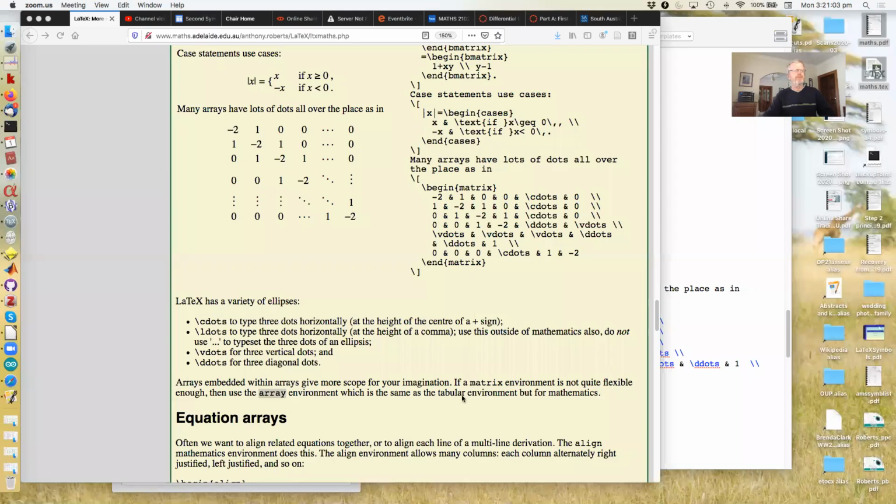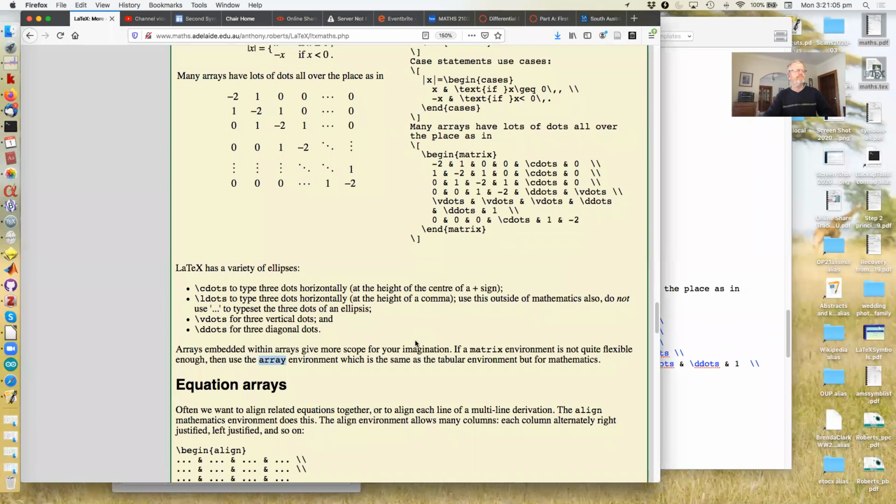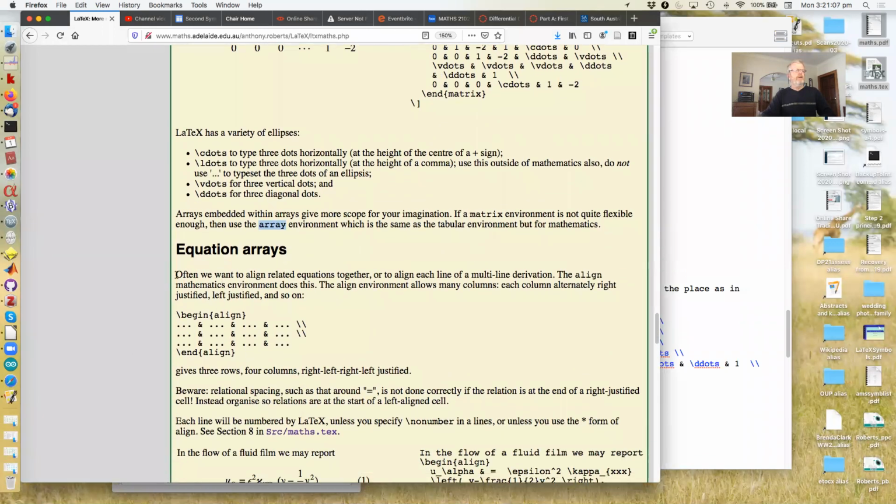Okay, so the last thing to talk about in more mathematics, at least the last thing we're going to talk about, because it's a huge topic, is equation arrays. So let's come back to my screen. Often we want to align related equations together.